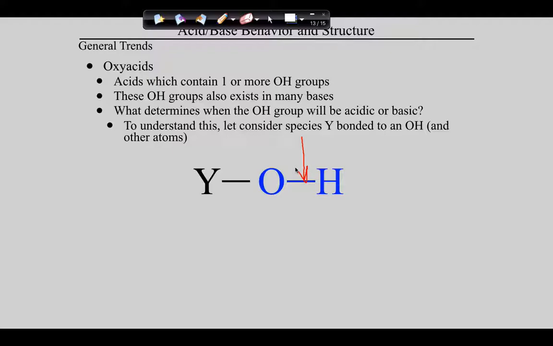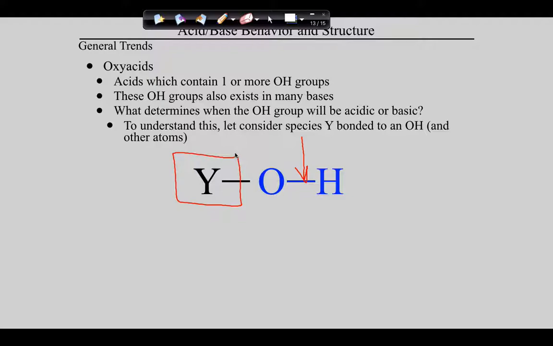These are oxyacids. But guys, the polarity of that bond is not always the same. And why is that true? Because Y changes.